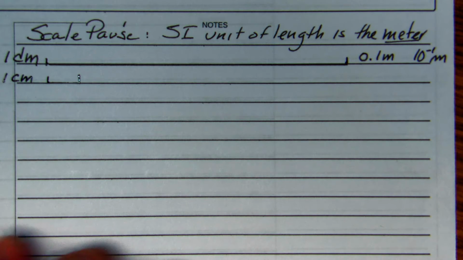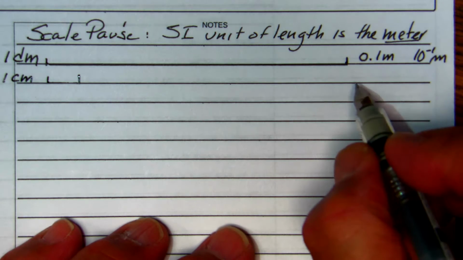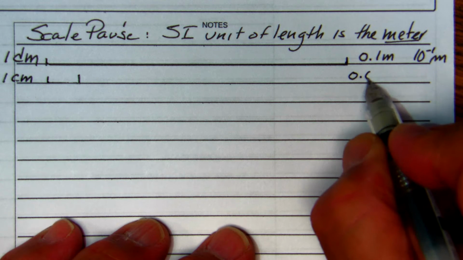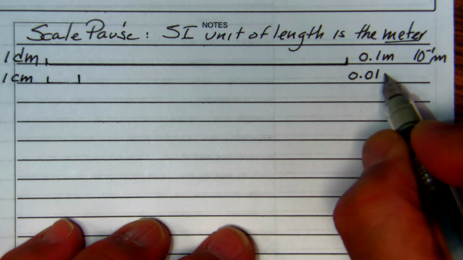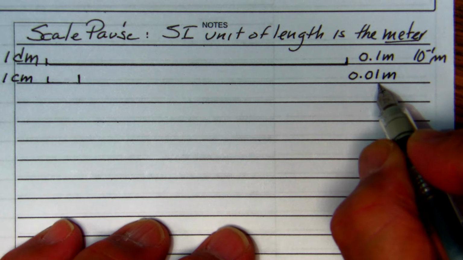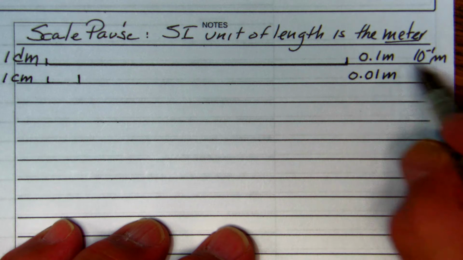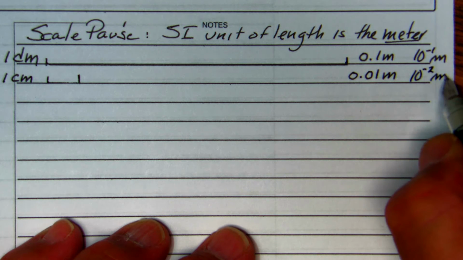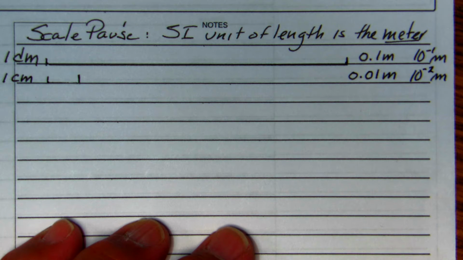Now 1 centimeter is written as 0.01 meters, or 10 to the minus 2 meters. Are we okay with that?